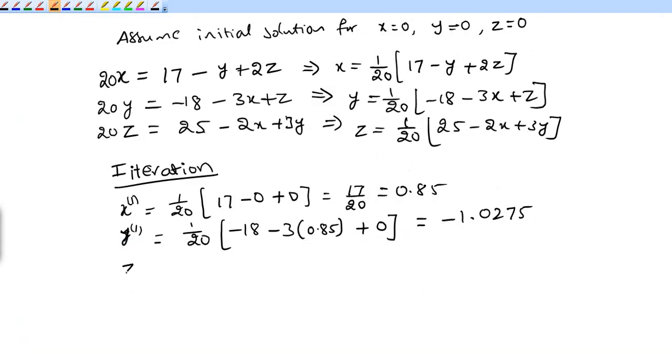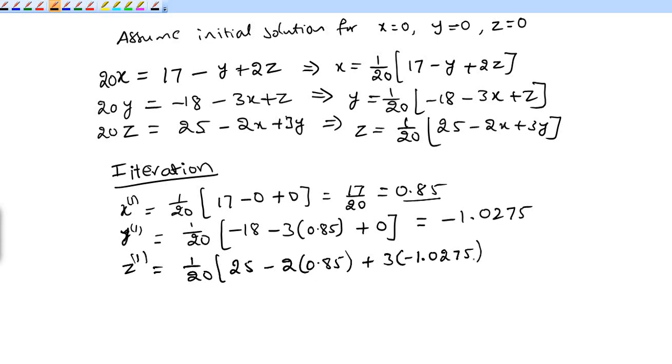Similarly, first approximation z1, 1 by 20 into 25 minus 2 into x. x means the latest value. This value you have to use, 0.85, plus 3 into y, the latest y value, minus 1.0275.